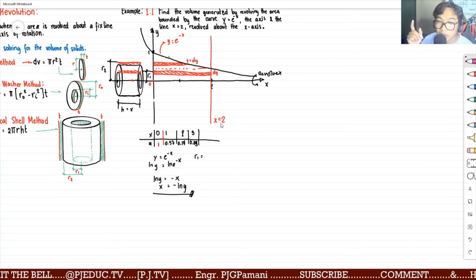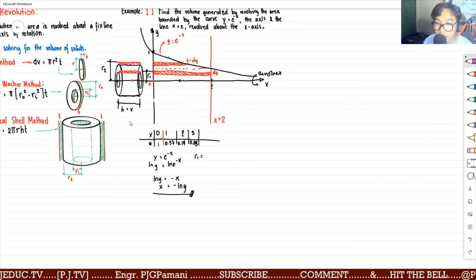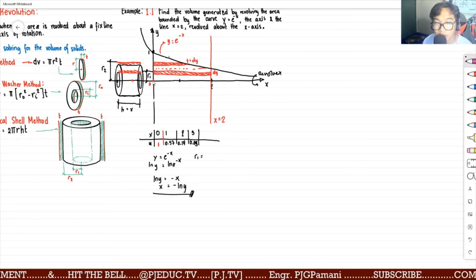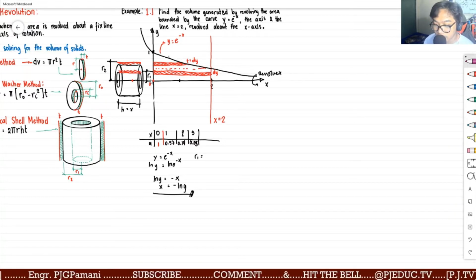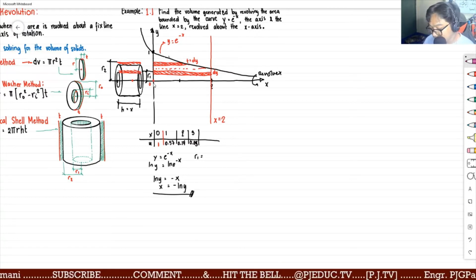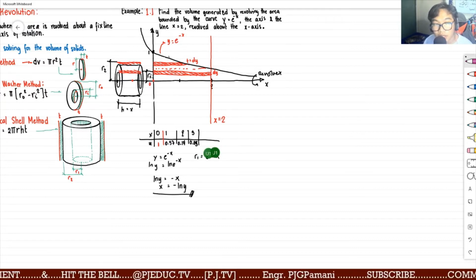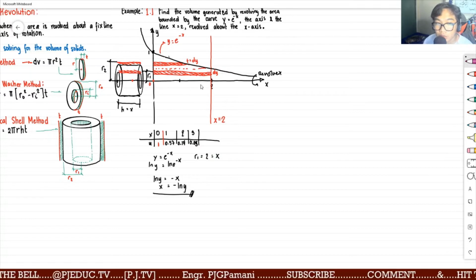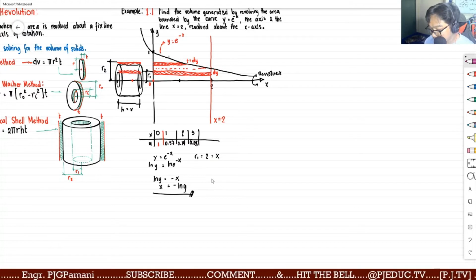Remember that the length of the cylindrical shell is with respect to the x-axis, about which the curve will revolve. So ang nakita natin dito from origin to line x equal to 2, so meaning radius 1 is basically what? Equal now to 2. Yan na yung length ng cylinder natin. Just 2 units.